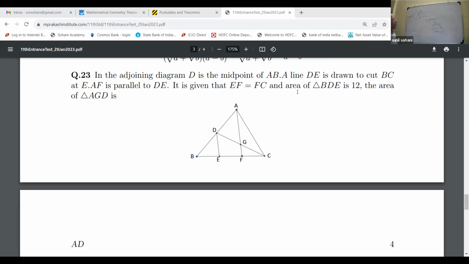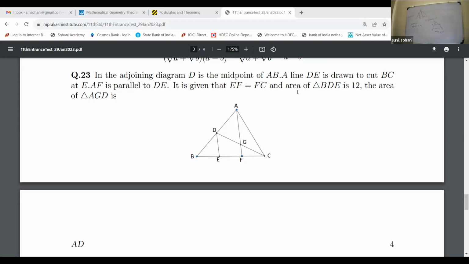Okay. So in the triangle BAF, applying midpoint theorem, we get BE equal to EF, and it is also equal to FC given in the question.